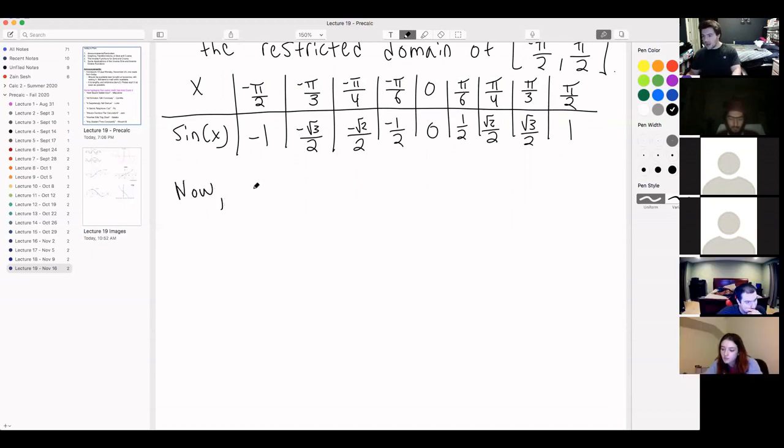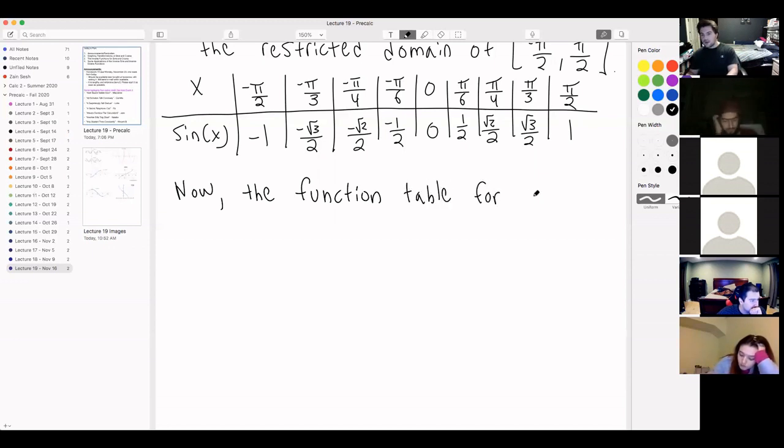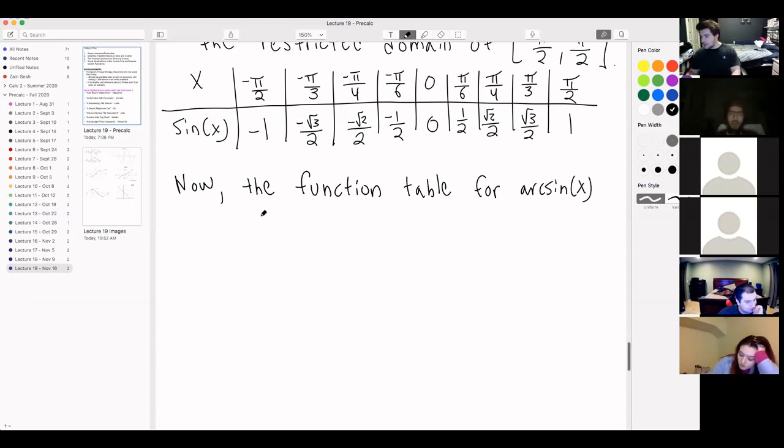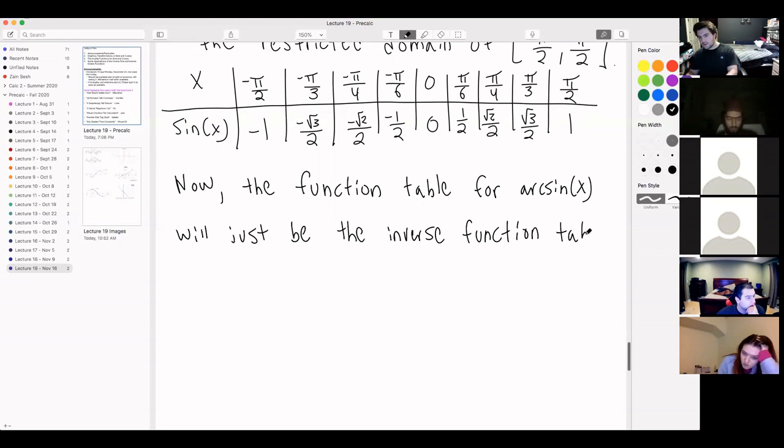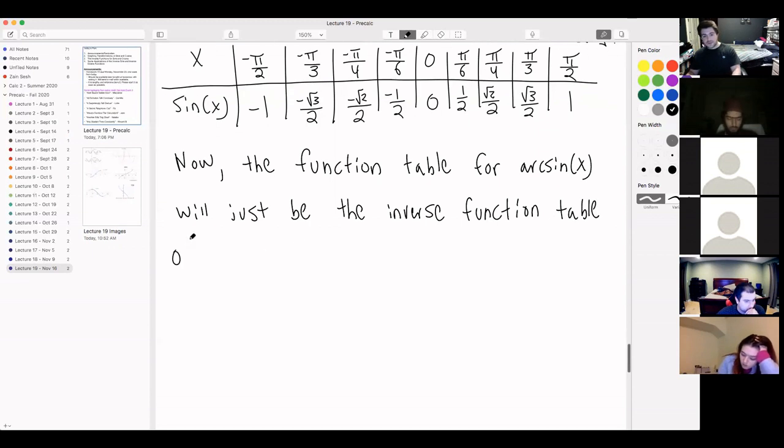So now the function table for arc sine of x, that's the inverse, will just be the inverse function table of the previous table.